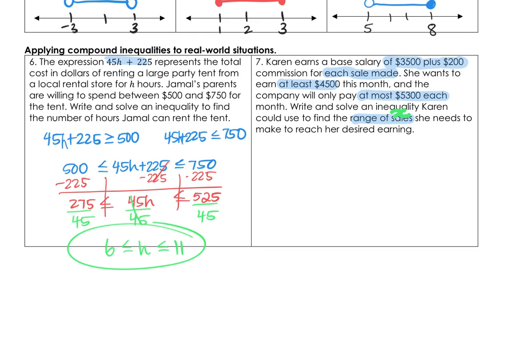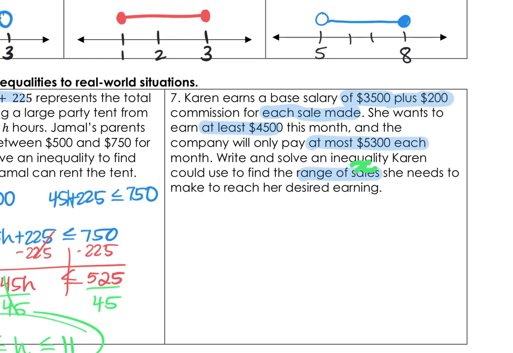So what's the minimum value that she wants to make each month? $4,500. So we're going to put that on one end. And this is the least she wants to make. So this $4,500 is going to be less than, because that's the least she wants to make.